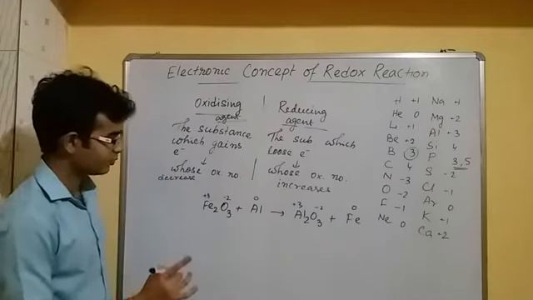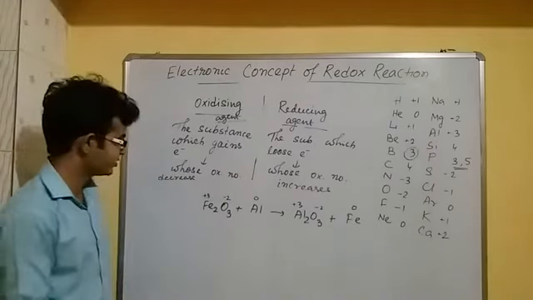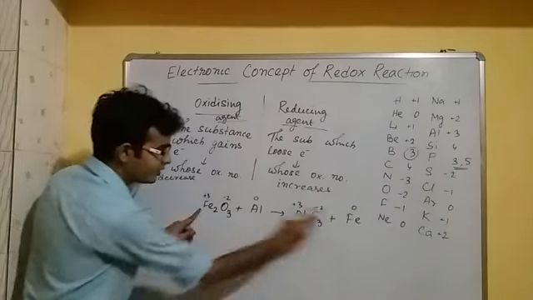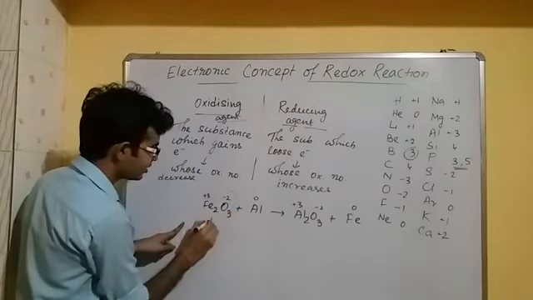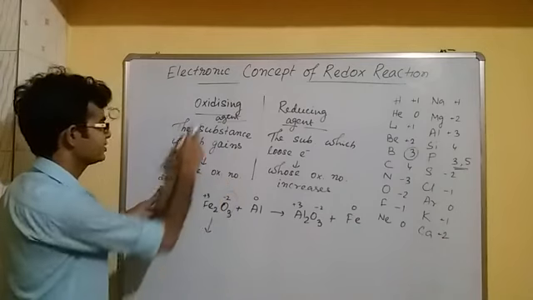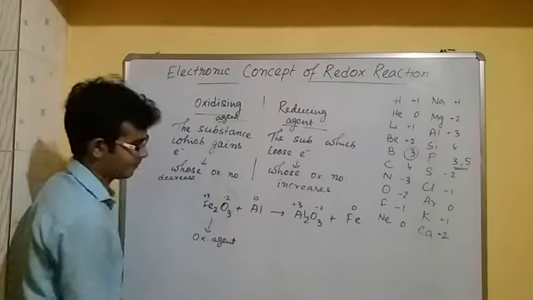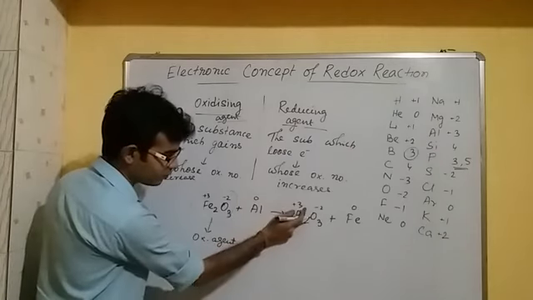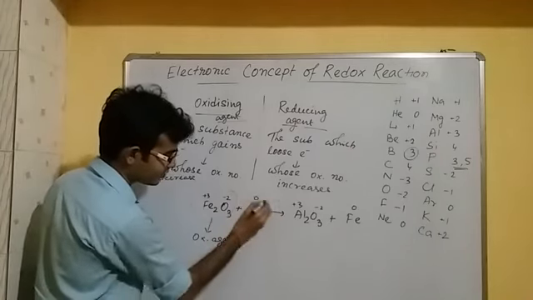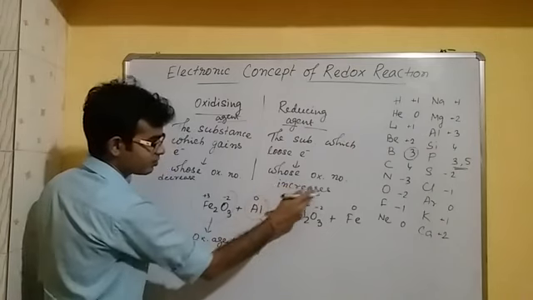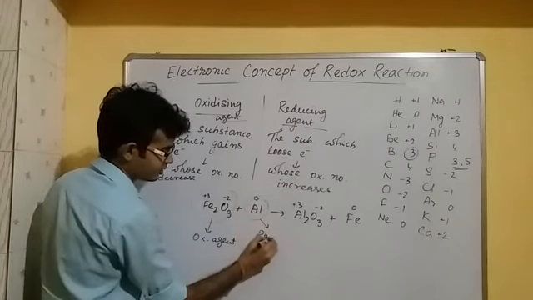Now identify which one is the oxidizing agent and which one is the reducing agent. Here iron goes from plus 3 to 0, so its oxidation number decreases, so it is the oxidizing agent. Here aluminium goes from 0 to plus 3. Its oxidation number increases, so this one is the reducing agent.